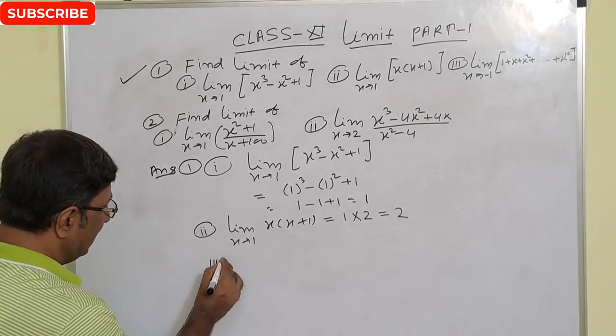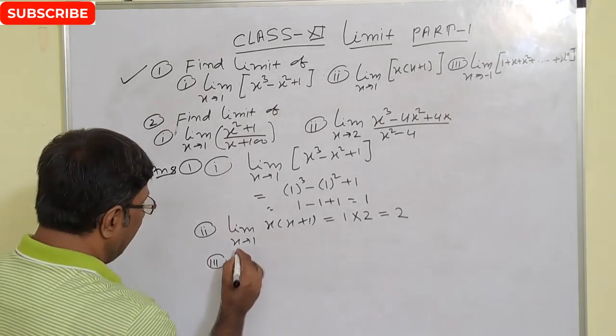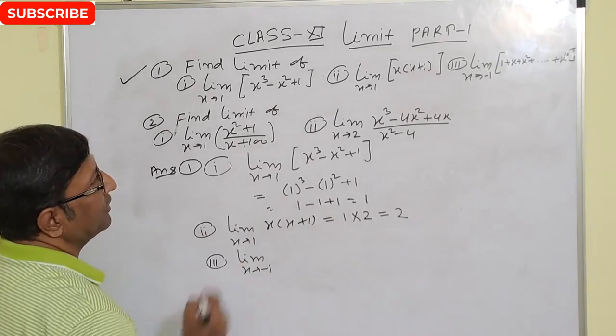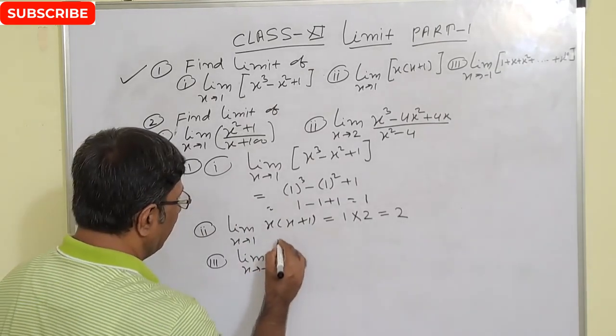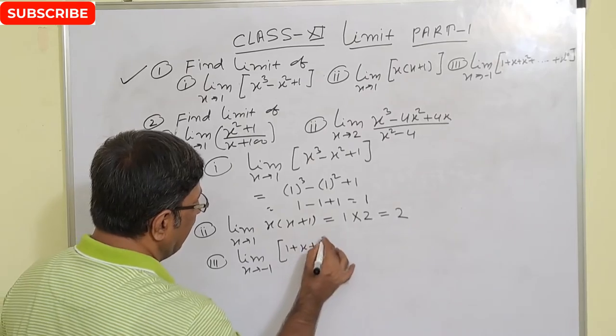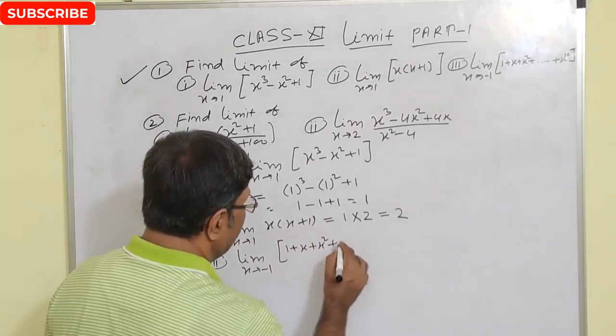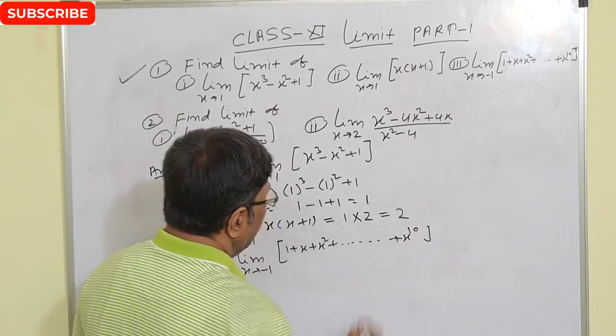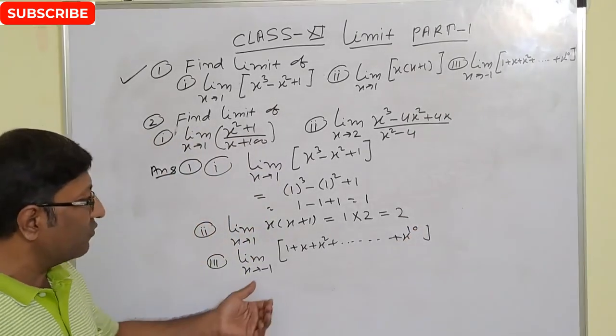In the same way, there is a third question. Limit x tends to minus 1 and here 1 plus x square, and this goes up to x to the power 10. So again here x tends to minus 1.